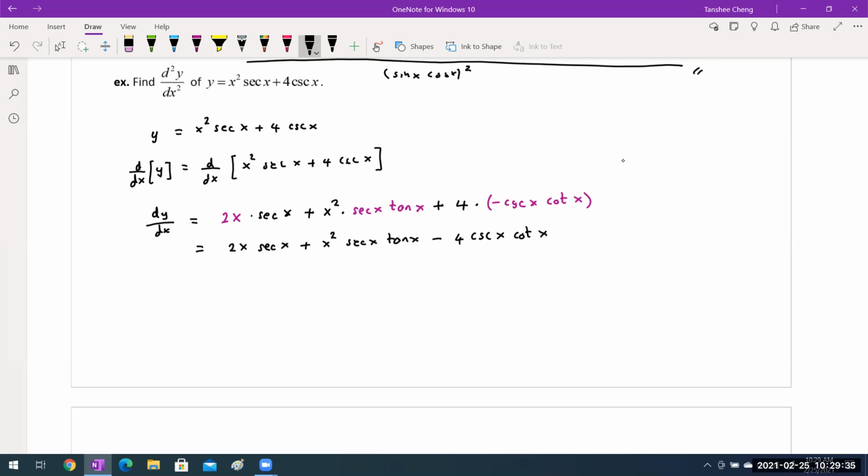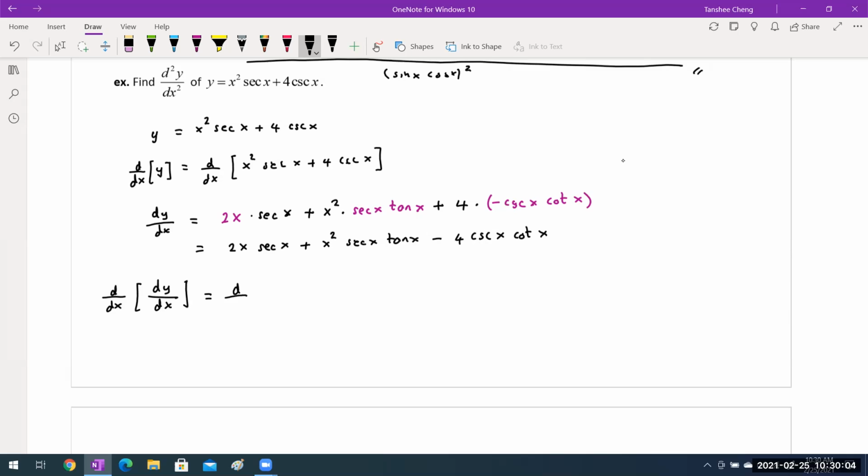And imagine I need to take the derivative of this. Okay, I need to take the derivative of this. Probably you might need to put your paper in a horizontal way and then do it, and that may be enough space. Right? So now we are taking the derivative with respect to x again of the derivative function dy dx.